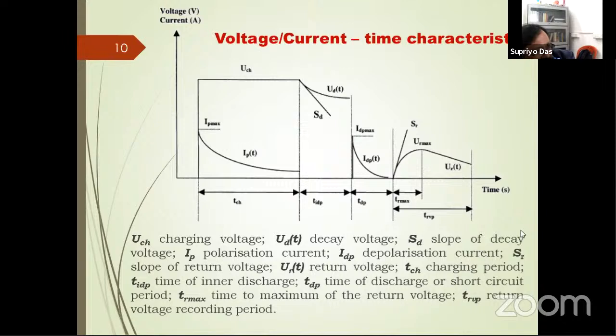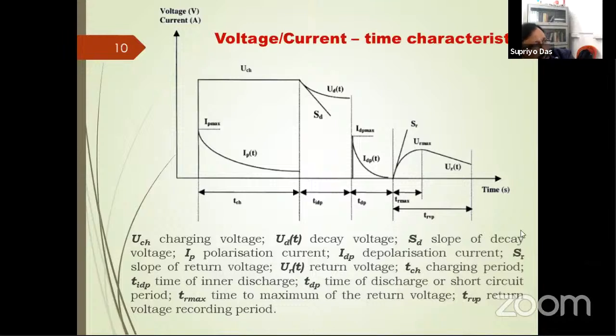We have applied the voltage, removed it after charging, and left the terminals open. At that point some inner discharge occurs within the material, and there is some decay voltage, that is U_D or V_D. Then we short it. In that case, we will get the depolarization current or the relaxation current for time, say t_DP.